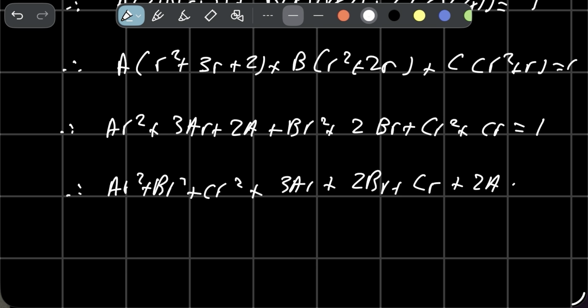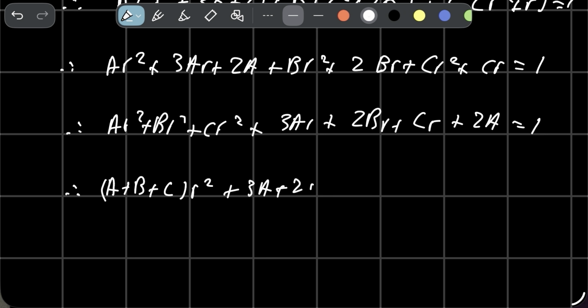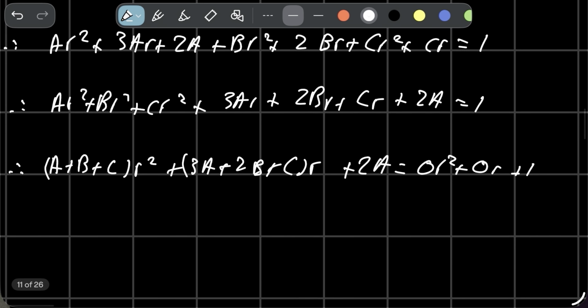2A equals 1, meaning that (A plus B plus C) r squared plus (3A plus 2B plus C) r plus 2A equals 0r squared plus 0r plus 1.